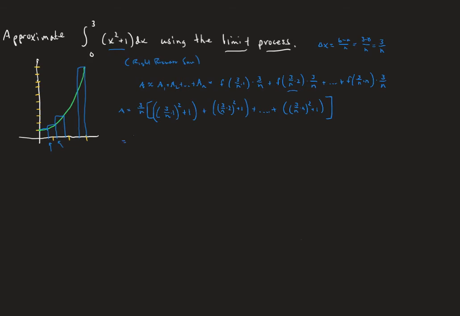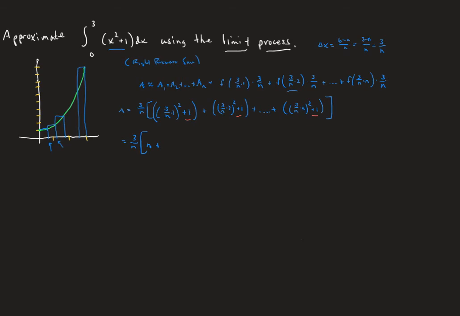Now, you still have that 3 over n we factored out, all those delta x's. Each of these n rectangles has a plus 1 in it. So when we add those all together, 1 plus 1 plus 1 n times, that's going to give us a total of n. Now I'm going to square these out.